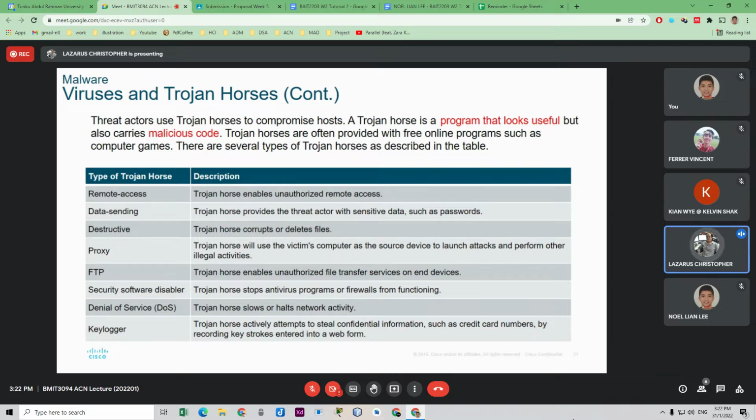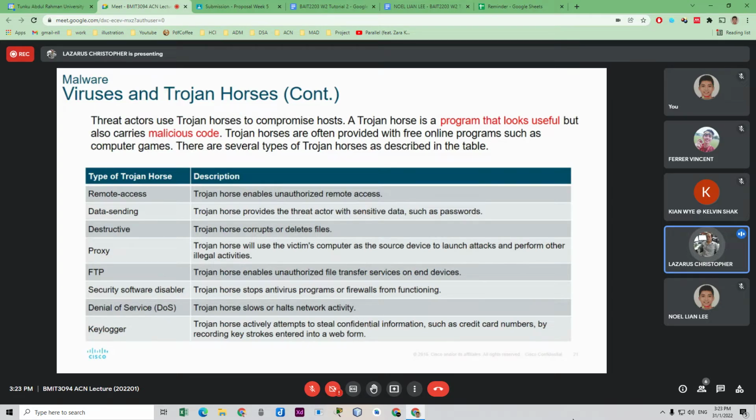So if a Trojan horse is very selective or randomly corrupting, then it's very difficult to differentiate, unless you run a virus scanner, a Trojan horse scanner. You scan your system and it detects the signature, right? That's why it's very important to have antivirus or anti-malware protection for your system, right?